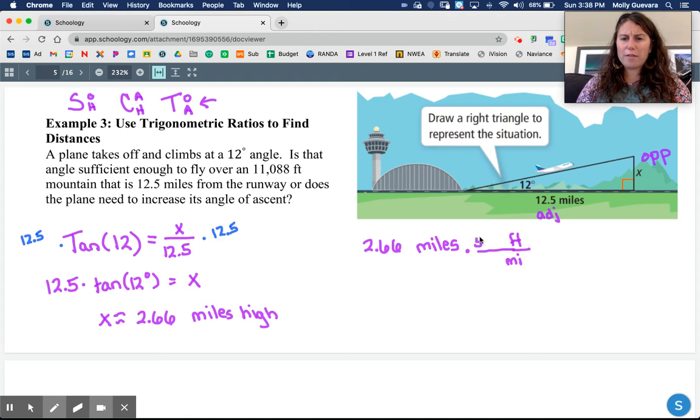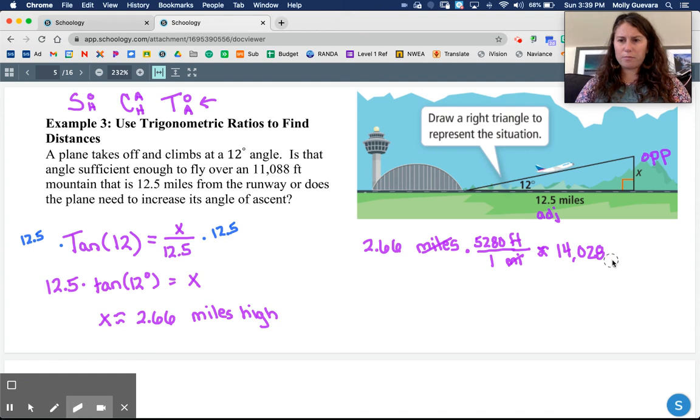So I know that 5,280 feet is in 1 mile. And now I just have a fraction I just multiply straight across. Miles cancel. So 2.66 times 5,280, I guess I should say, is about 14,028 point, I don't know, let's just say 14,028 feet, more or less.